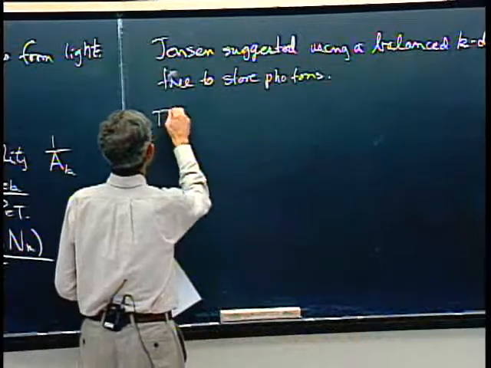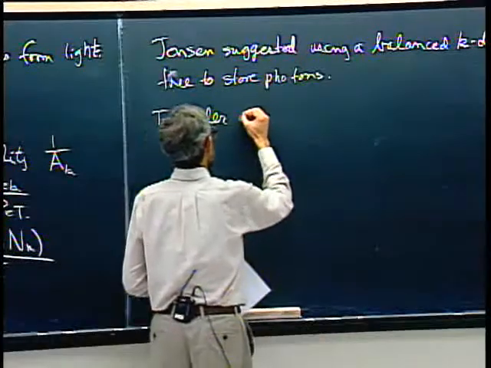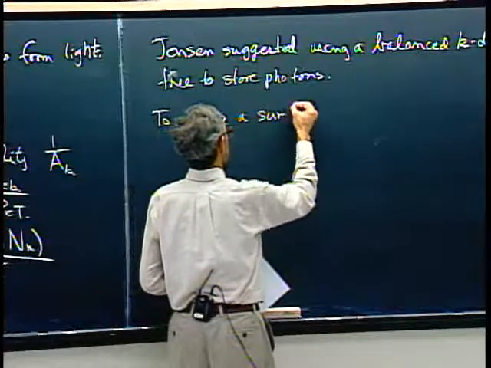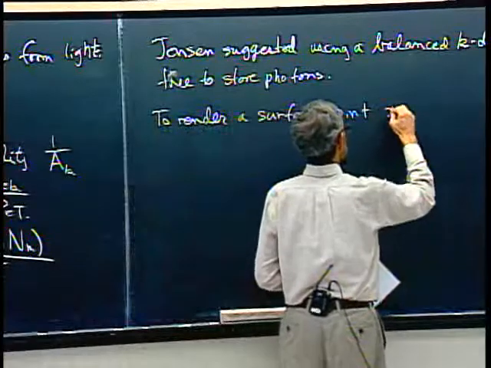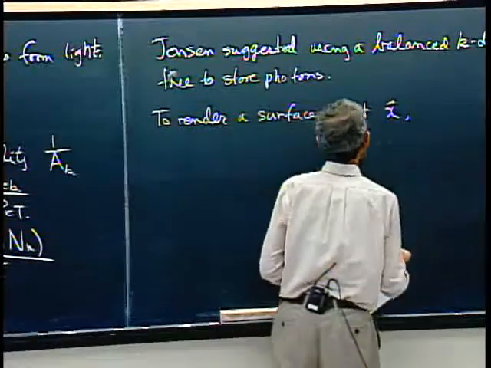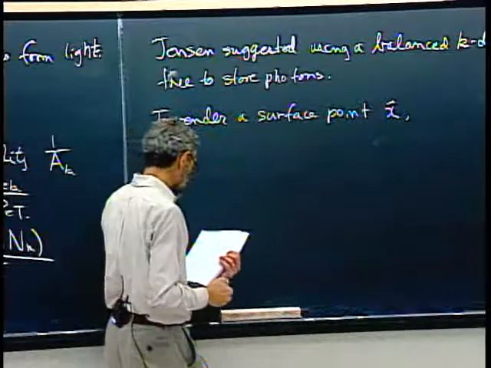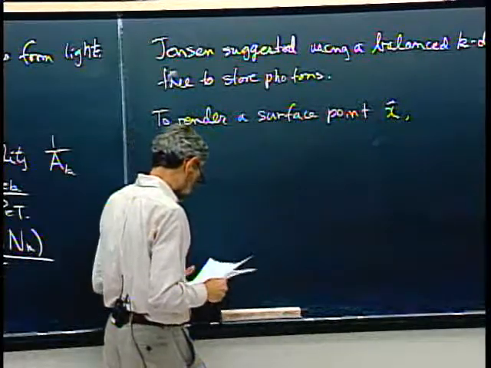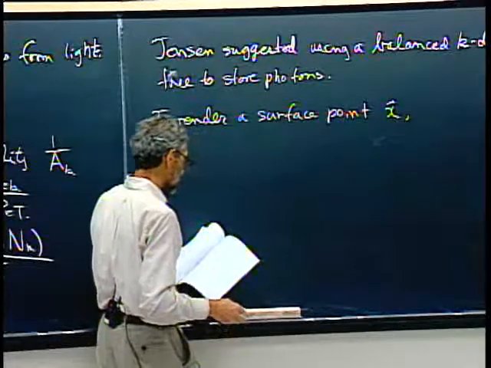So to render a surface point, say X, what we'll do is we'll use, let's see if my notes tell me the name of it. Nearest neighbor, I think, is what the book called it.